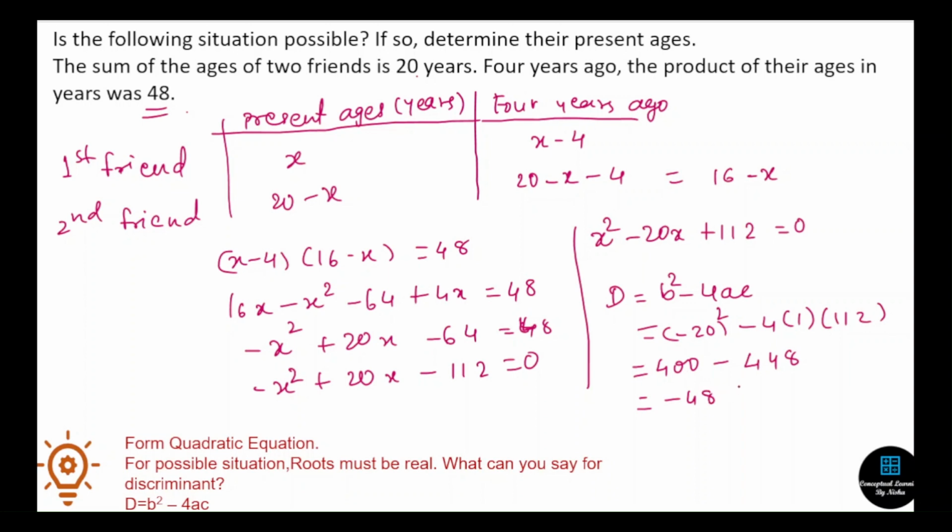Now, do you remember, if the discriminant is negative, less than 0, then no real roots are possible. So this situation is not possible.